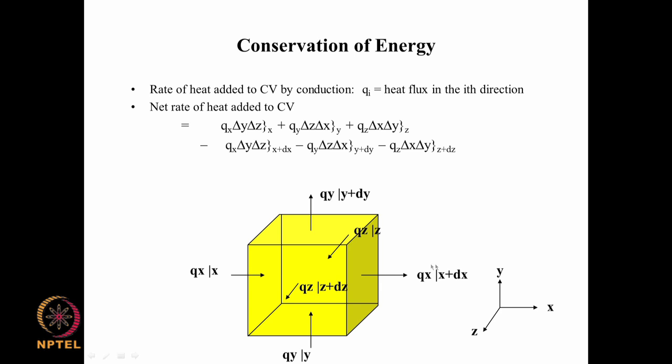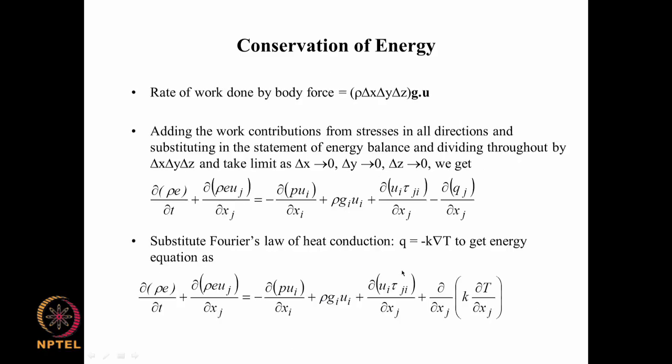If this temperature is less than this, then heat would be flowing out, in which case Qx at this face would be positive, and that is already included because in going from here to here, we have made use of Fourier's law of heat conduction, that this Q here is minus k dou T by dou x.